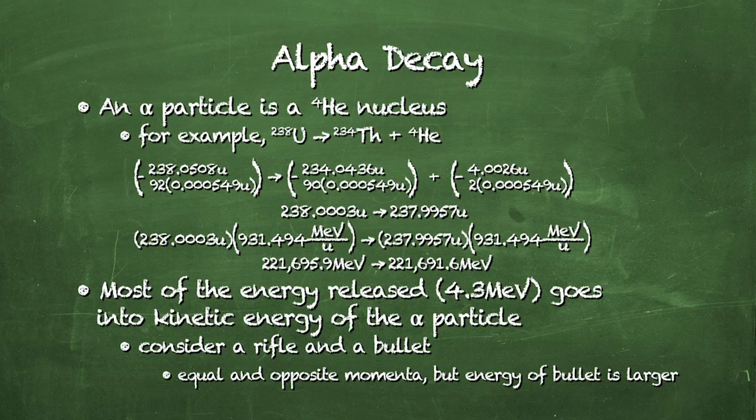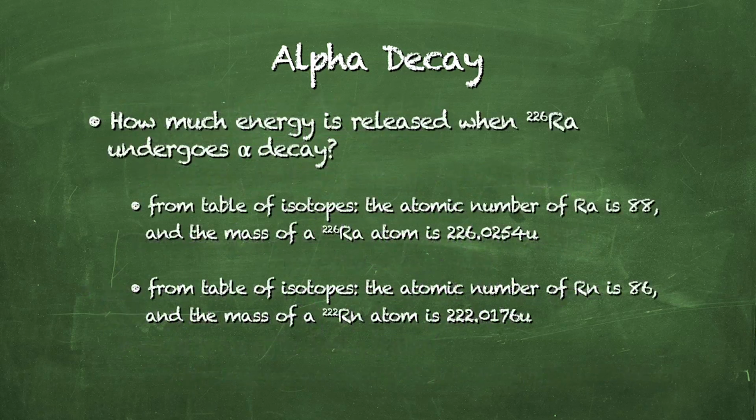Let's work an exercise involving alpha decay. How much energy is released when radium-226 undergoes alpha decay? Now, from a table of the isotopes, the atomic number of radium is 88, which means that the radium has 88 protons and the rest are neutrons.